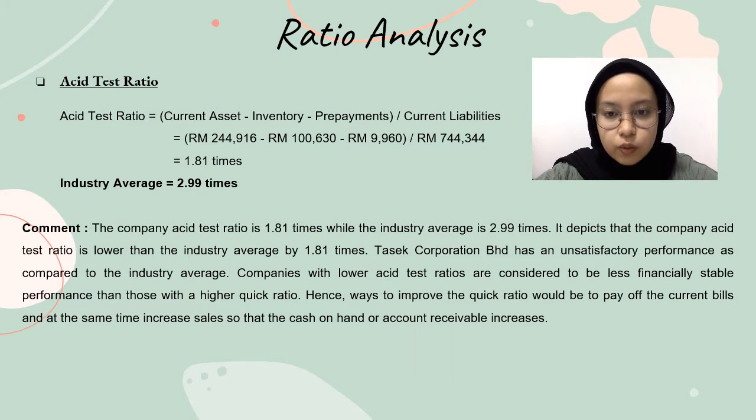Companies with lower asset test ratios are considered to be less financially stable than those with a higher quick ratio. Hence, ways to improve the quick ratio would be to pay off the current bills and at the same time increase sales so that the cash on hand or account receivable will increase.